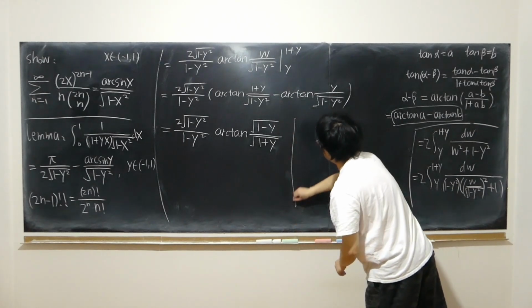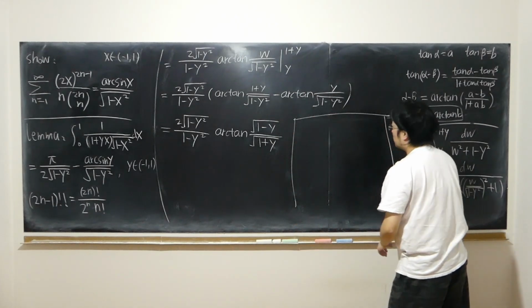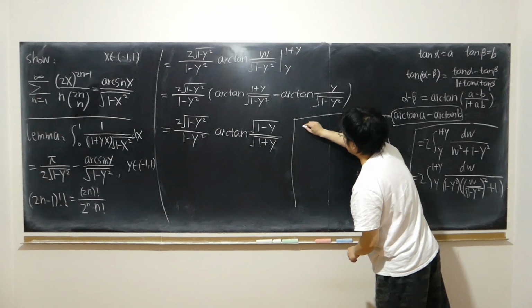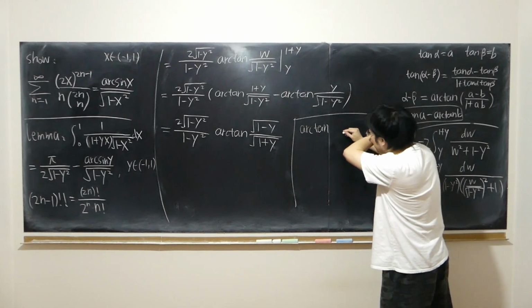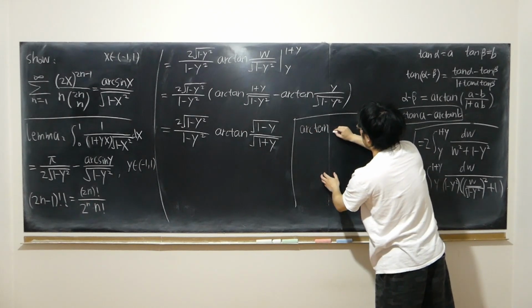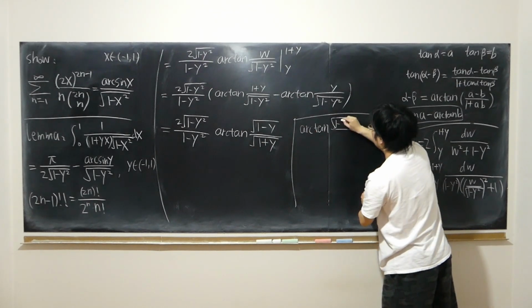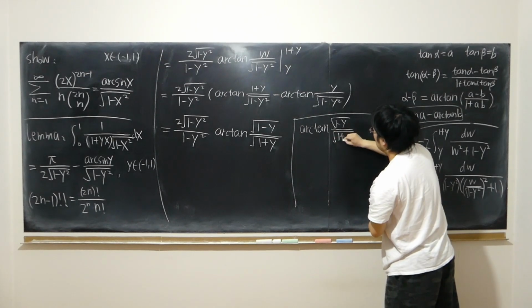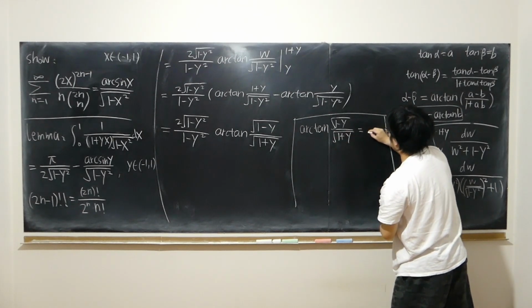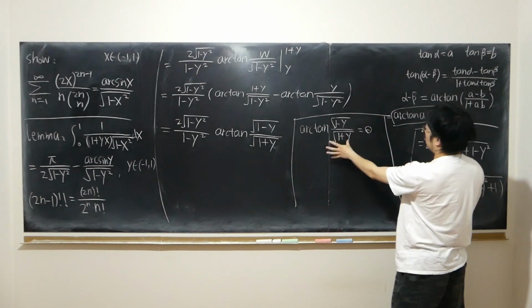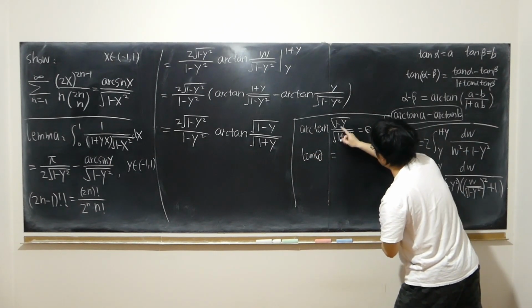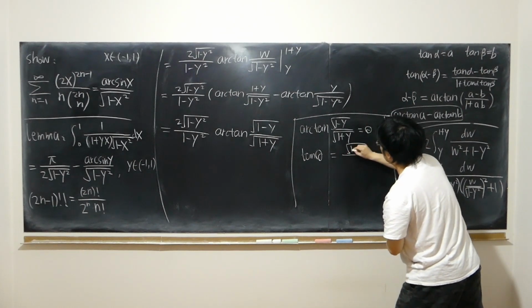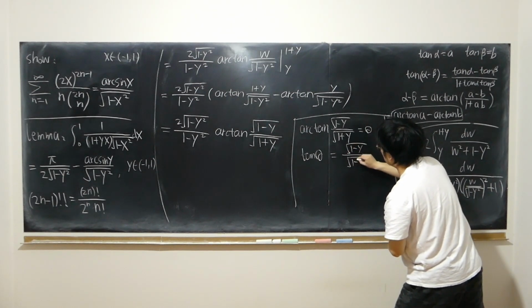Because I can just let it equal theta. It's an angle, which means tangent theta is equal to this inside, square root of 1 minus y over square root of 1 plus y.